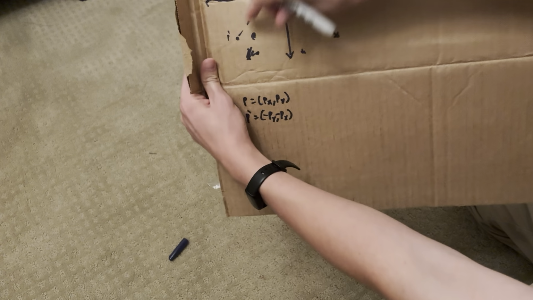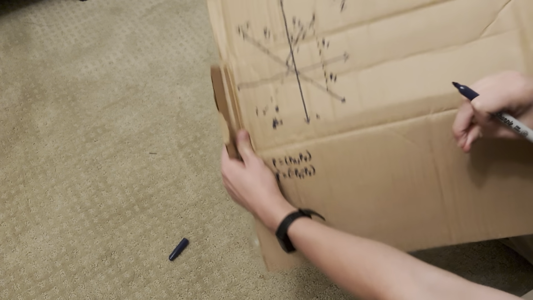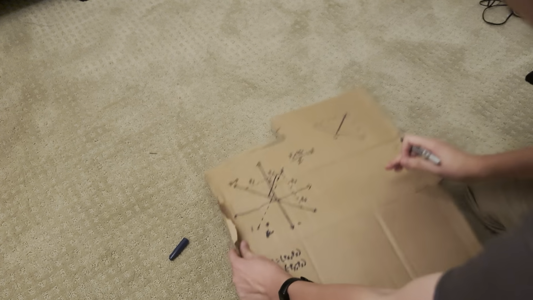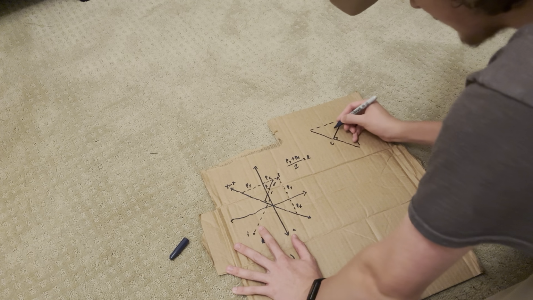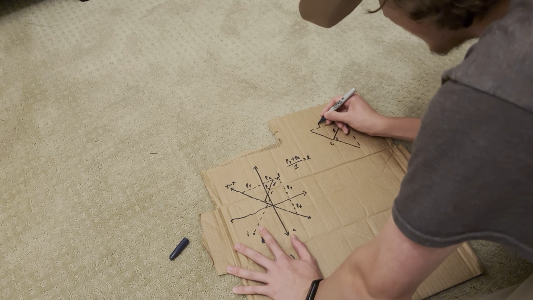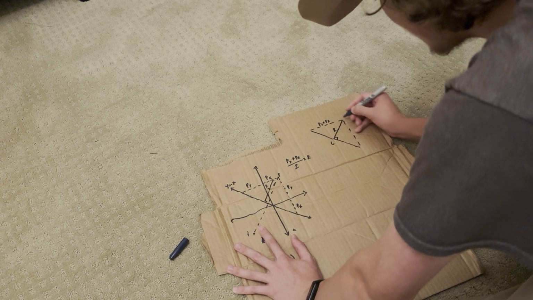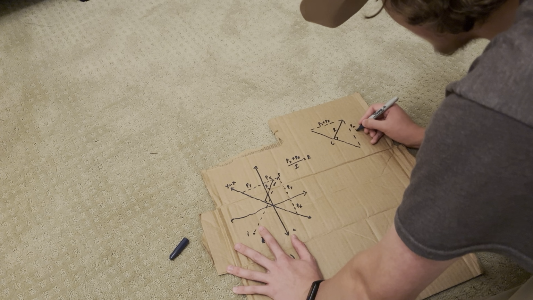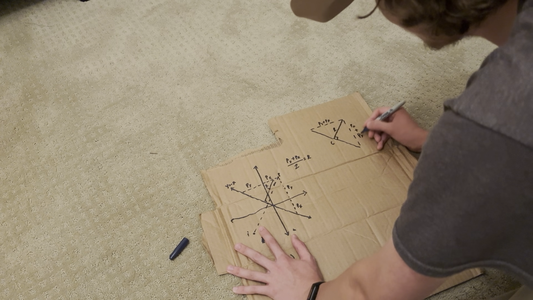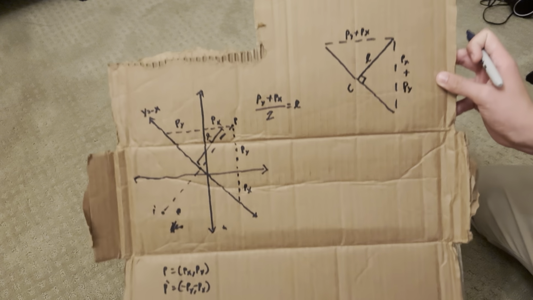So it must be in the same line if you rotated it around. So we'll draw a right angle there. L. Then Py plus Px, Px plus Py, right here.